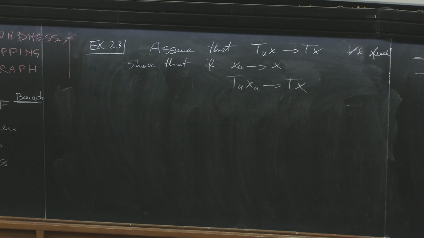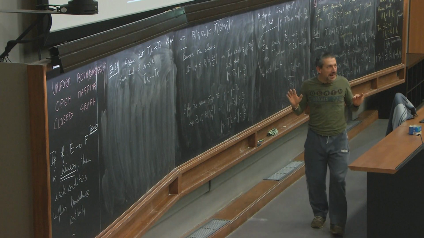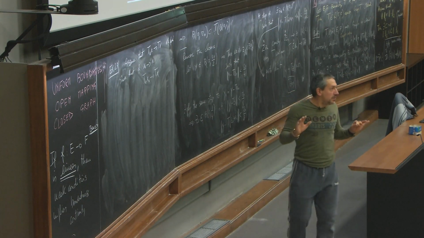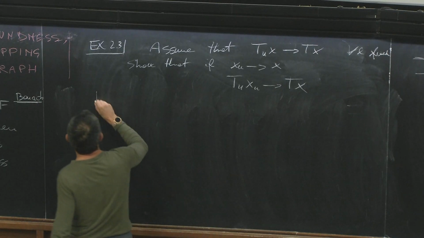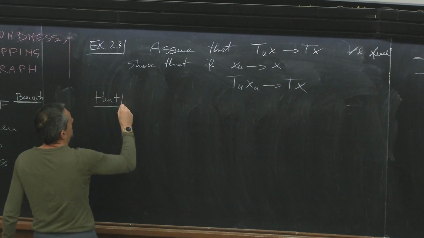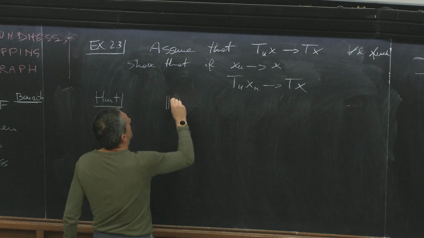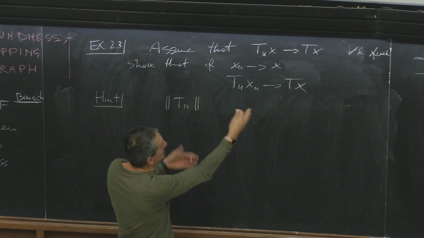Okay. It's easy by the uniform boundedness principle. The hint or sketch is the following: the norm of Tn is uniformly bounded.